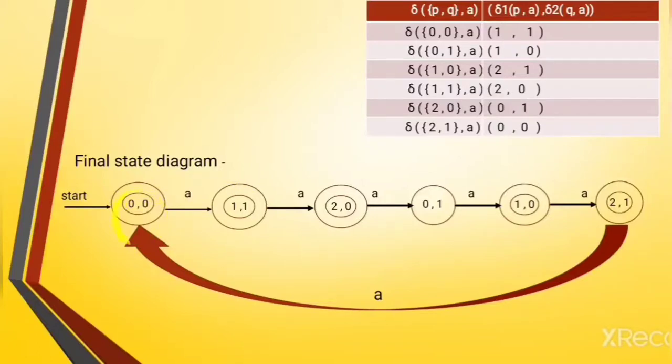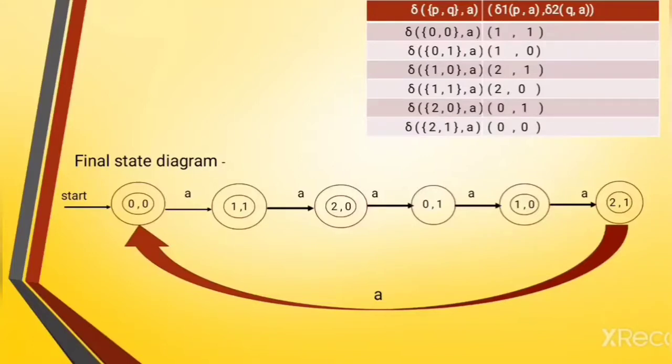For the 0,0 state, if I give the input alphabet A, it will move to 1,1. We have to see this transition table. For 0,0 on A, the output is 1,1.